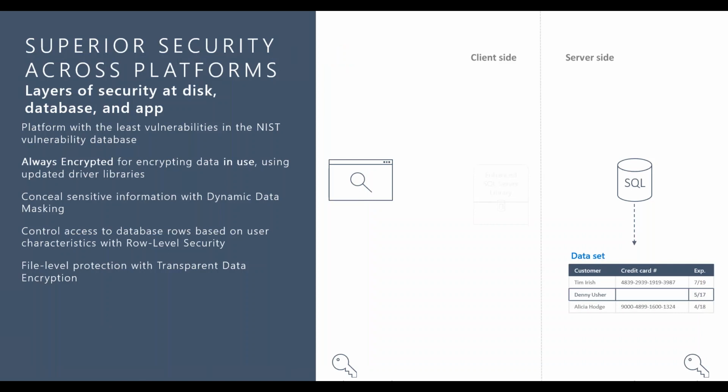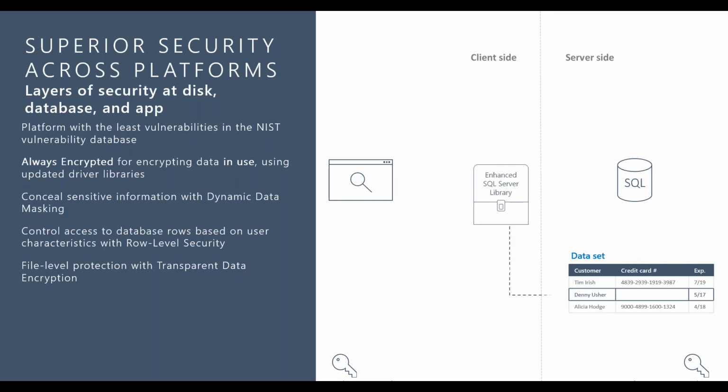It's in 2017 as well. What this does is it allows me to move encryption from the database to the client. So all of the data that gets stored in the database is stored encrypted. All of the data that goes across the wire is encrypted. The only place it's unencrypted is on the actual client application itself.